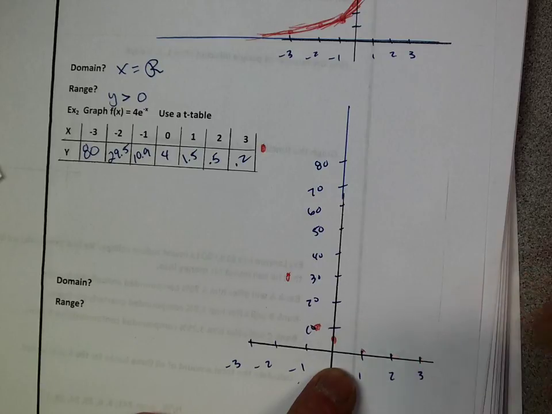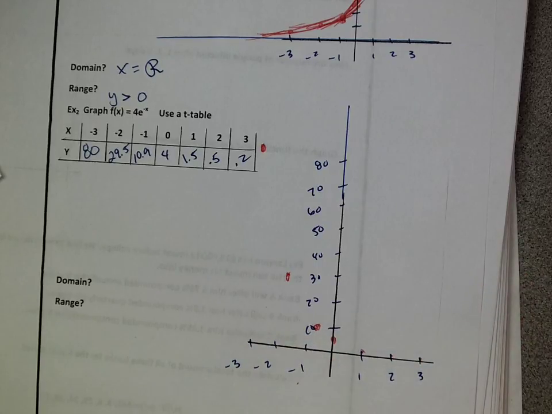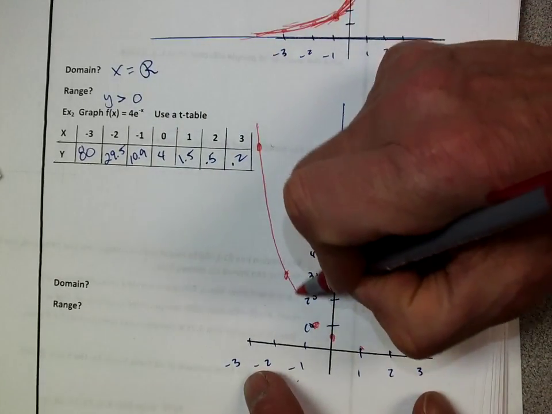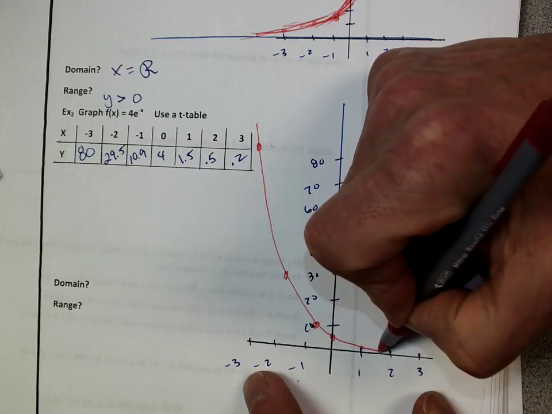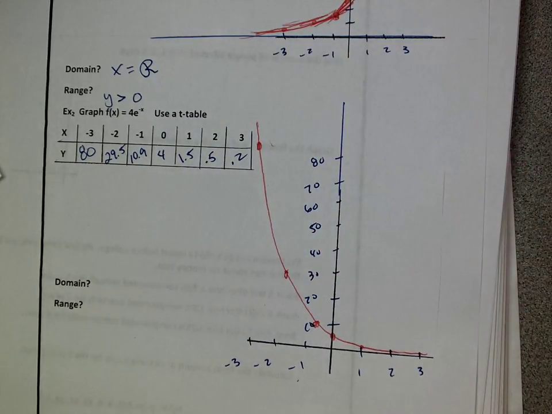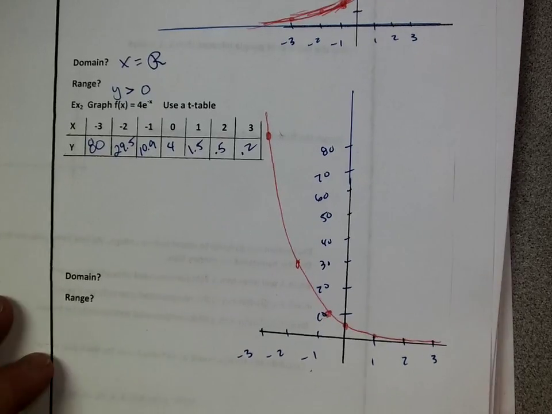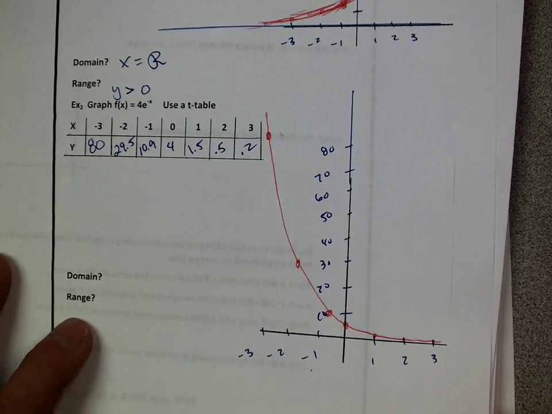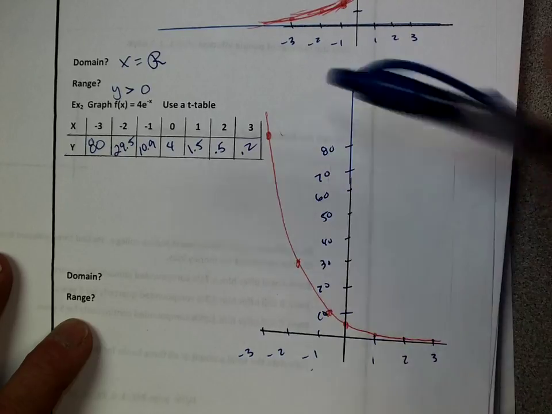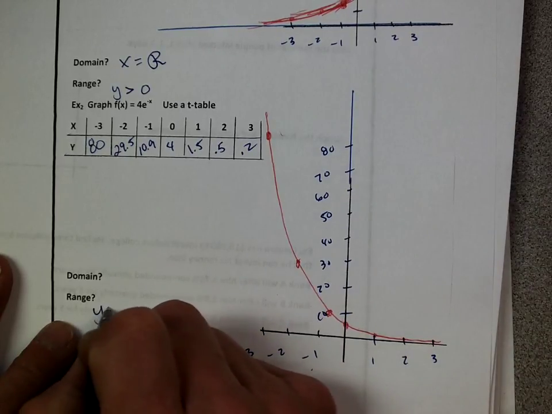Just get smaller and smaller. So same thing, it's going to get smaller and smaller and smaller. However, it's never going to reach 0. There it is. Range, right? Range, it never reaches 0. Never touches 0. So it goes up from 0, so it's going to be y is greater than 0.